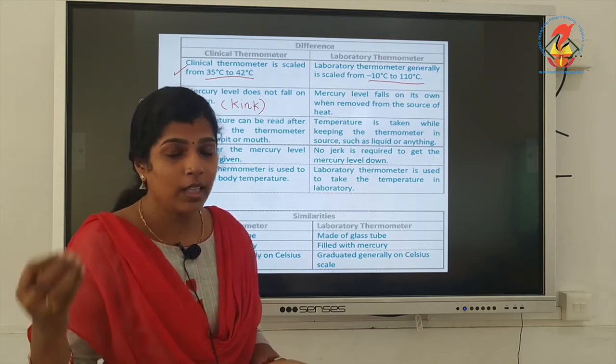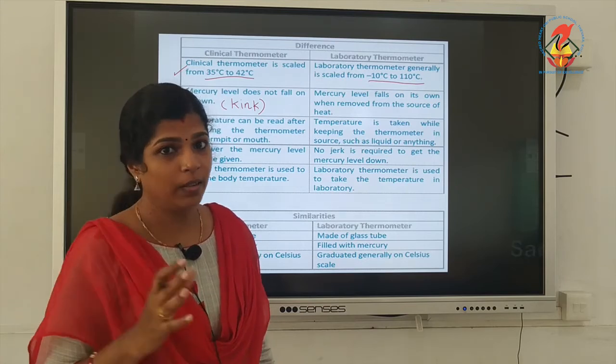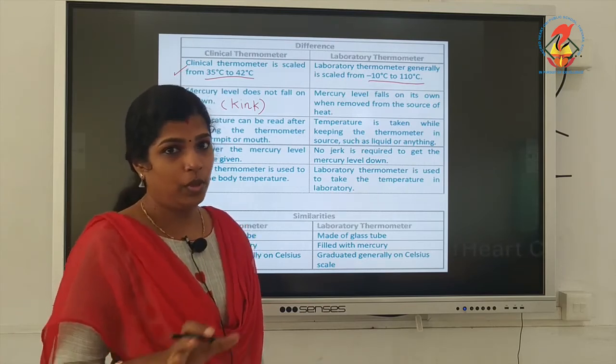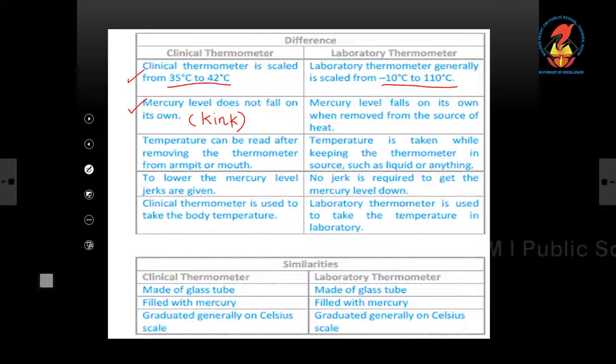You can't take it out and measure the reading, because then there will be a change in the temperature reading. So, the mercury level falls on its own when removed from the source of heat, because it doesn't have a kink.